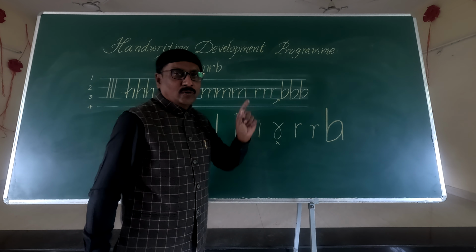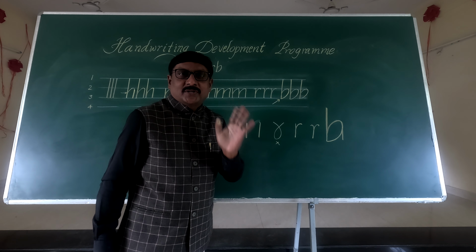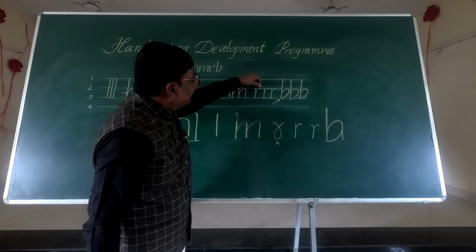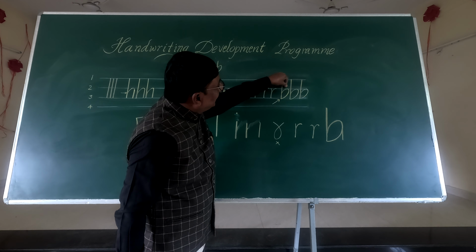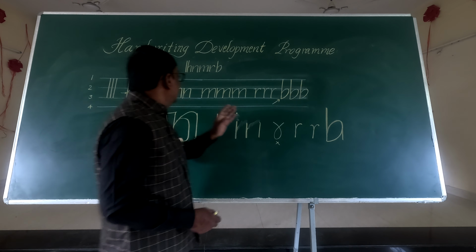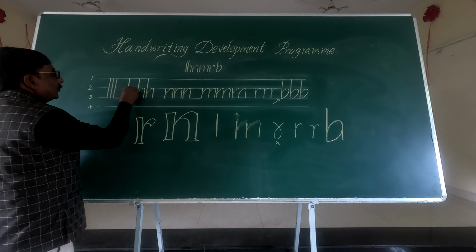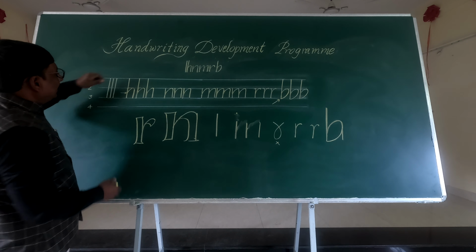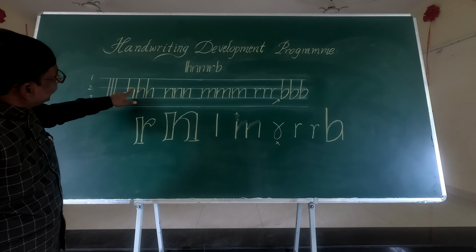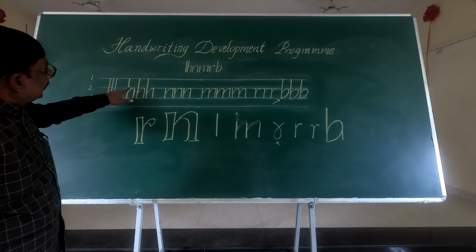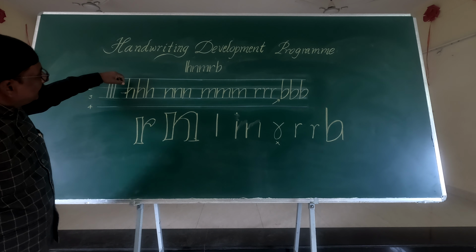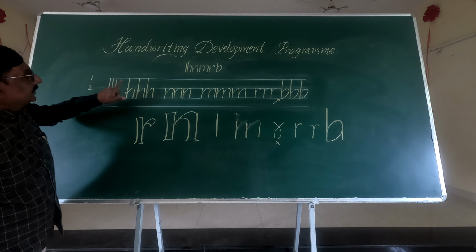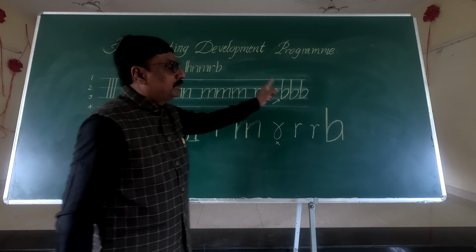These gaps are known as the beauty of English italics handwriting. By these gaps only, the beauty will come. You see it here, a small triangular shaped gap. When a line takes a U-shaped turn or becomes an oval shaped circle, the gap will appear. You can see H, N, M and B.